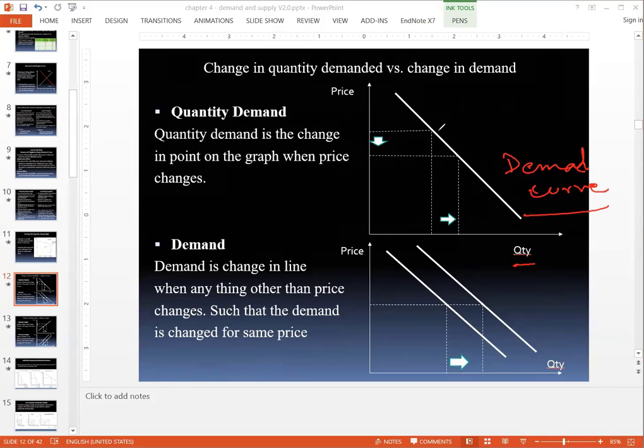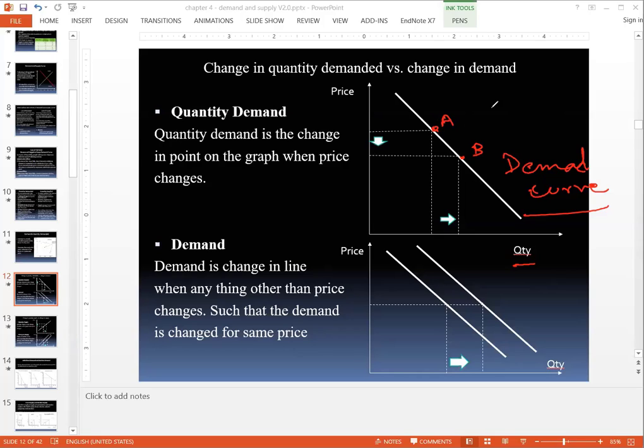If I change a point from A to B, we call it a change in quantity demanded. Quantity demanded is the change in the point on the graph when the price changes. So price has decreased, and we move from point A to point B, so quantity demanded increases.